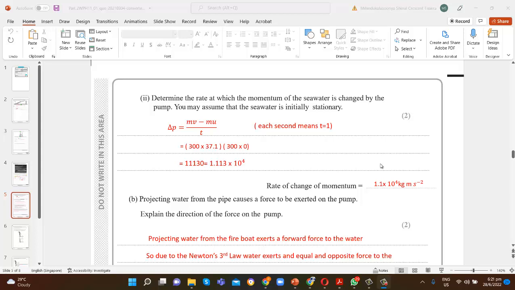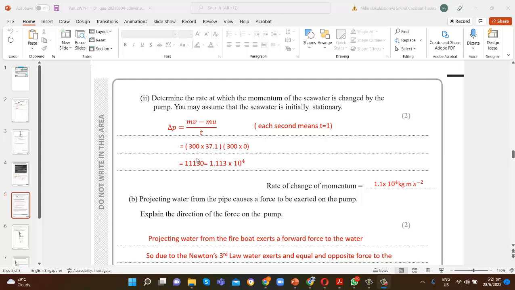Second part. Determine the rate at which the momentum of the seawater is changed by the pump. You may assume that the seawater is initially stationary. Okay, so now each second means t equals 1. So delta p, change of momentum, is mv minus mu divided by t.